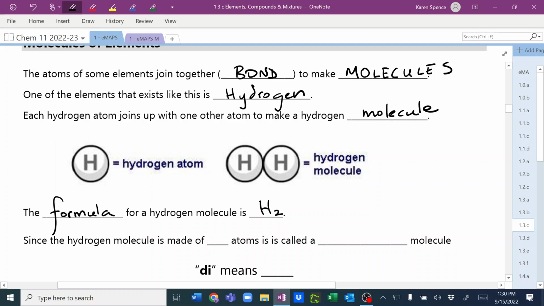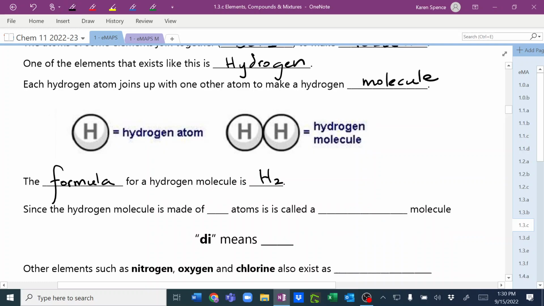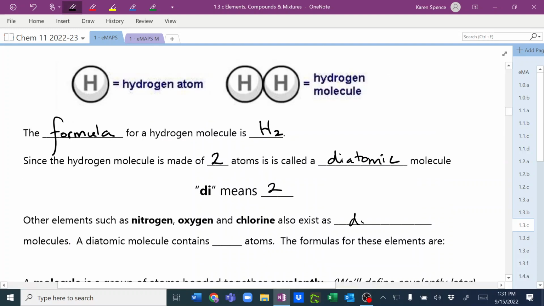Since the hydrogen molecule is made of two atoms, it is called a what kind of molecule? Diatomic. Di means two. Other elements such as nitrogen, oxygen, chlorine, iodine, fluorine, and bromine also exist as diatomic molecules, and each diatomic molecule contains two atoms.